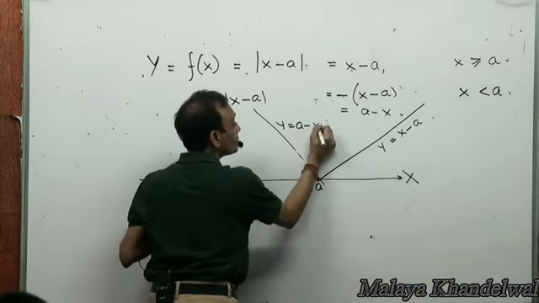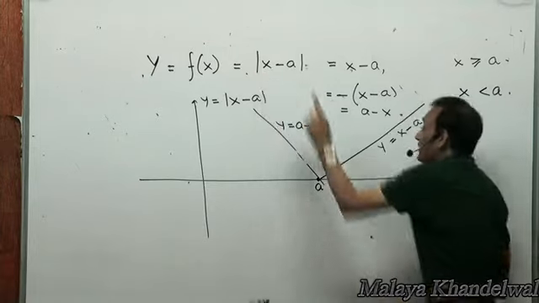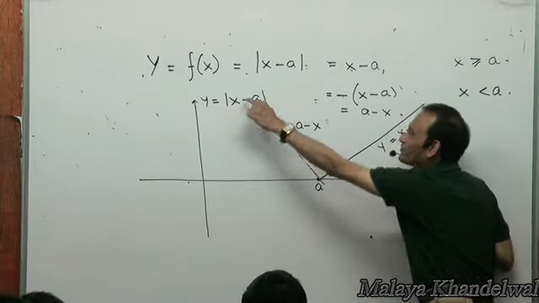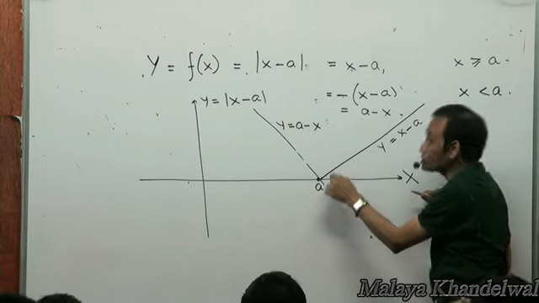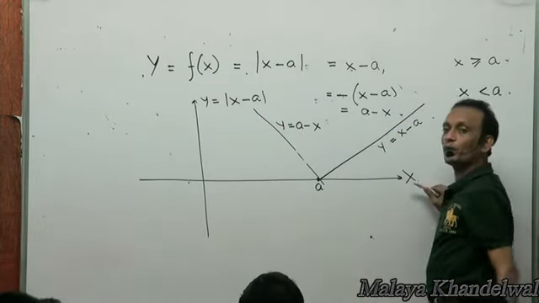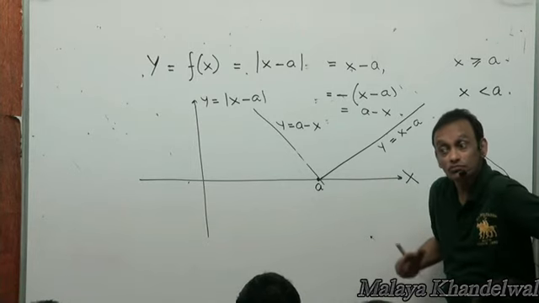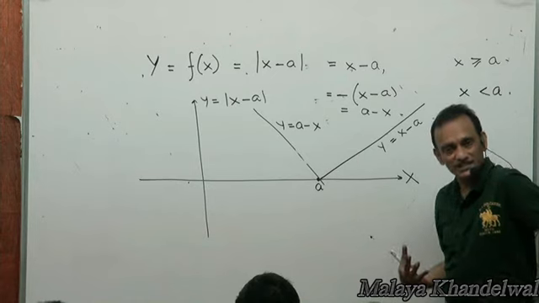That means mod of x minus a changes behavior at x equal to a. To the left of a, it was going along this line y equal to a minus x. To the right of a, it went like y equal to x minus a, right? Piecewise, which is what I meant by piecewise description.